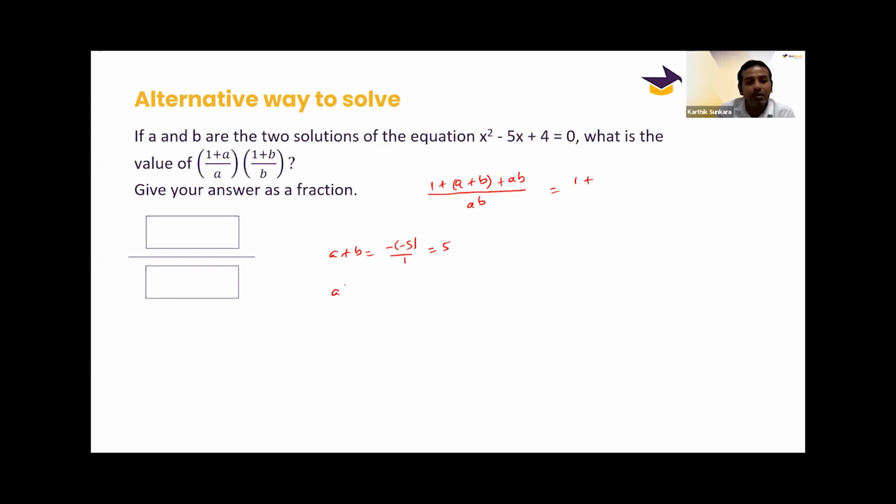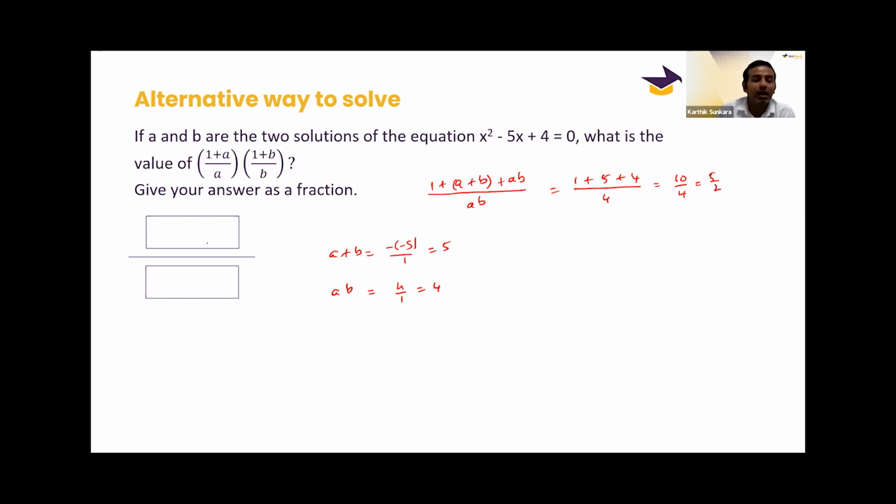And AB is nothing but the product of the roots. Product of the roots is c upon a. c is 4. 4 upon 1 is nothing but 4. So A plus B is 5 and AB is 4. Substitute in this. This is nothing but 10 over 4. Either you can write 10 over 4 or the simplified form, which is 5 over 2.